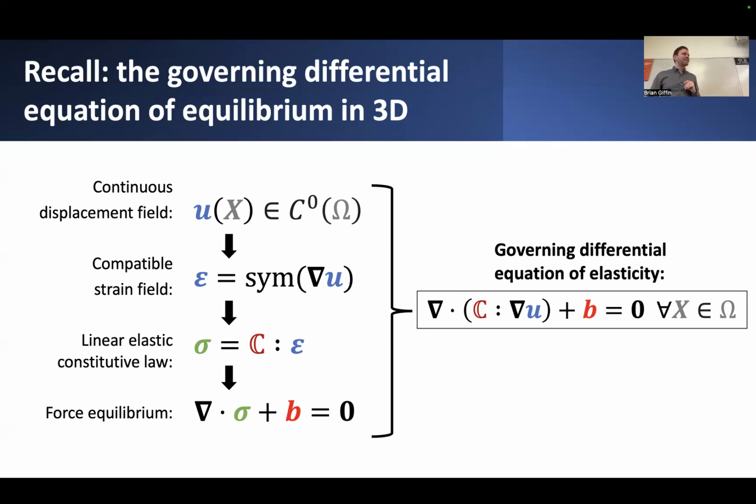We also came up with these relationships between strain, this 3x3 array or a tensor of strain components. We related those components to the resulting internal state of stress in a material through this linear elastic constitutive relationship. We derived that that relationship depends on this fourth rank tensor, C, written in this math boldface font.